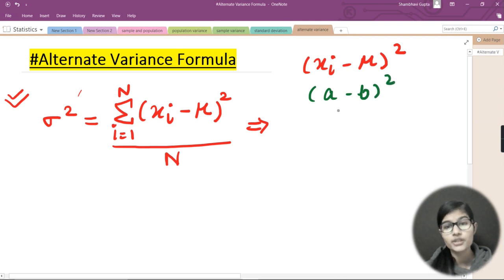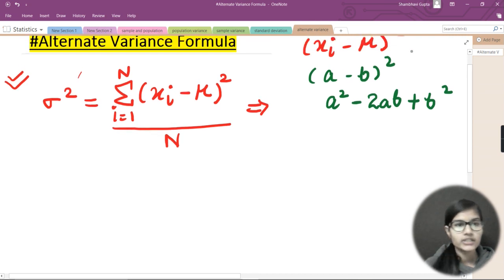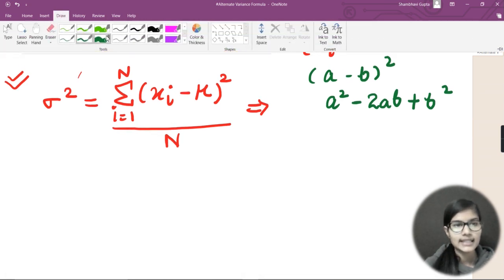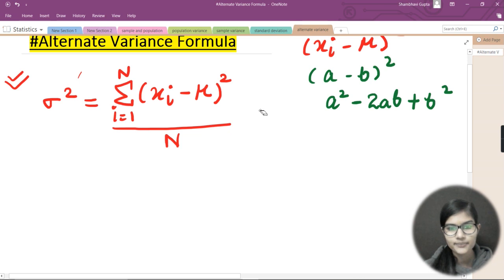By this time you must be familiar with the formula of a minus b square, which is a square minus 2ab plus b square. Am I right? Yes, a minus b whole square is a square minus 2ab plus b square, okay? So we are going to do the same thing here, and let me write it in a new line.